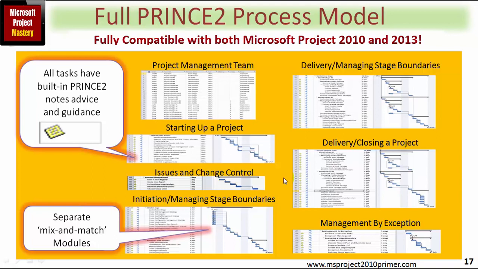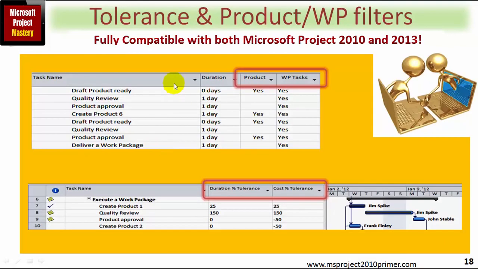And what I haven't mentioned yet is that each activity or task within all of these modules has a set of notes that I've included to help guide you on the type of activities you need to undertake within each task. I also give you any guidance or advice where necessary. As I've already mentioned, I've created extra fields, in particular a product field, where you can identify and filter if necessary any of the activities which relate to the creation of Prince2 products.